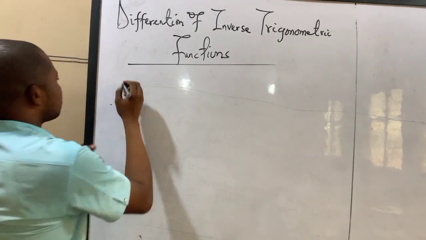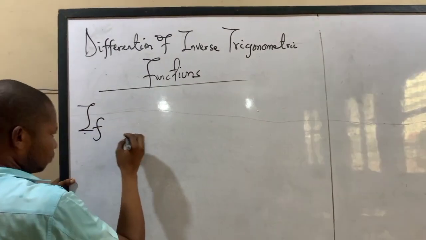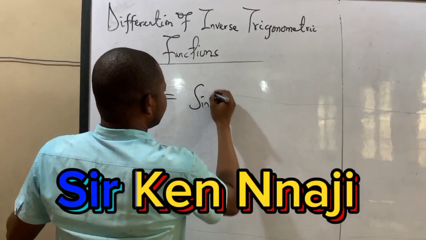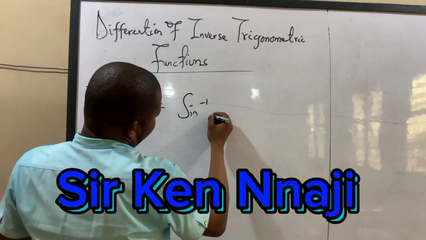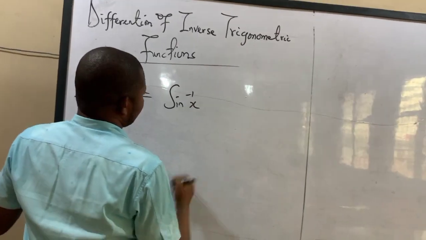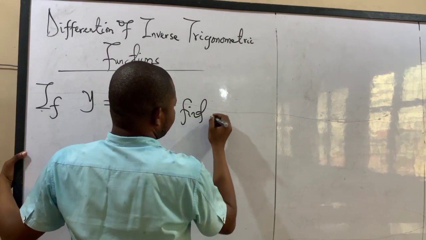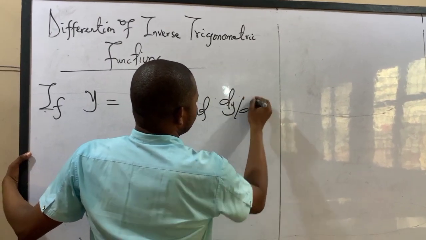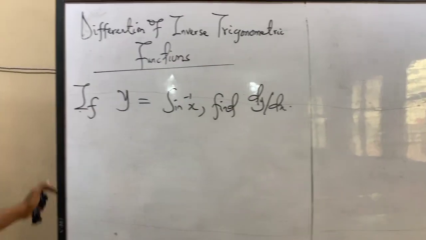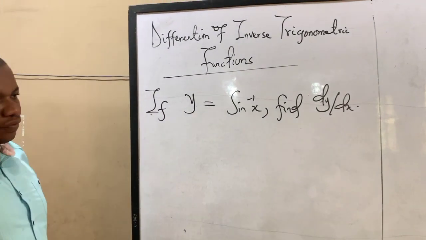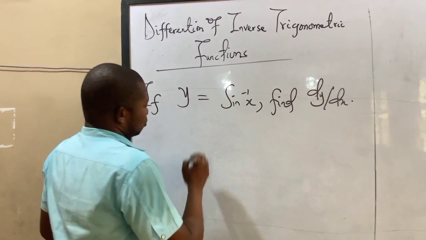If you're given this kind of equation, if y is equal to sine inverse x, find dy/dx. How do you deal with this kind of equation? It's very simple.